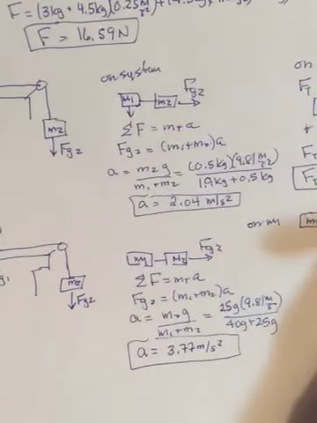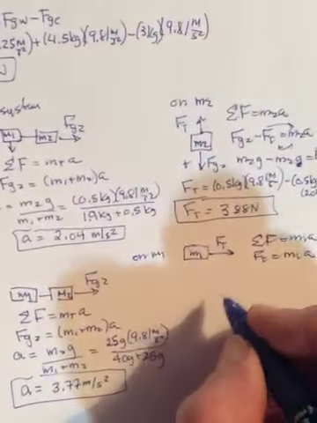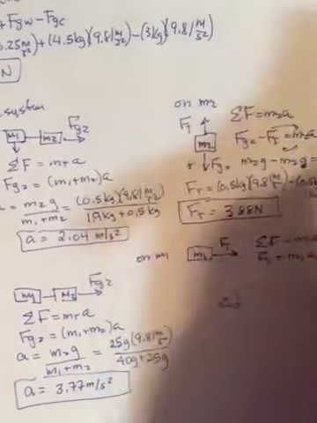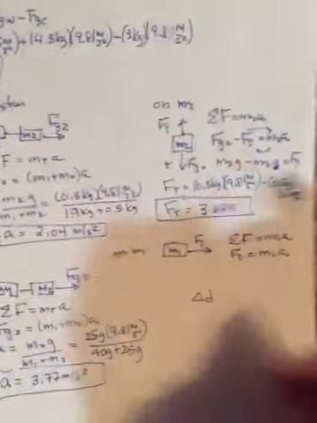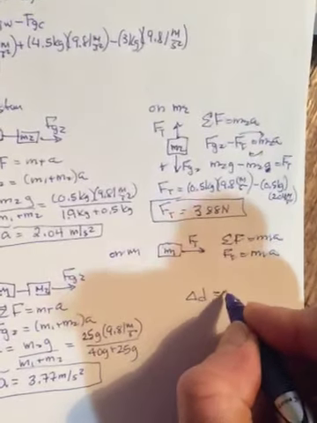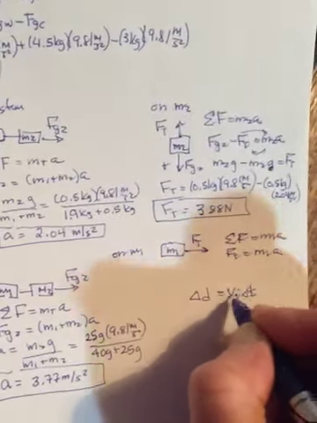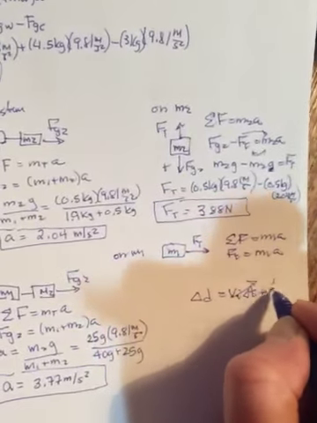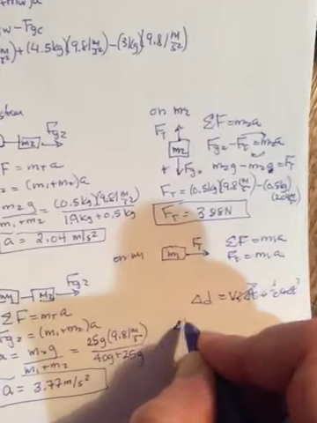So then the question wants to know, if it starts from rest, how long will it take? How long will it take to travel 0.85 meters? Okay, so it's giving us delta D. It's giving us VI, starting from rest is 0. 1/2 A delta T squared, and we're rearranging for T squared.